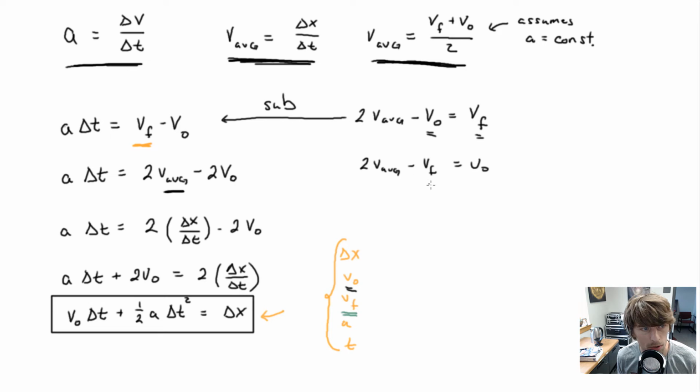If you run the same song and dance, I believe that the only thing that changes is right here. So if you did this substitution, I believe your final equation is going to be delta x equals minus v final delta t plus 1/2 a delta t squared. And go ahead and check that. I believe that this is right.